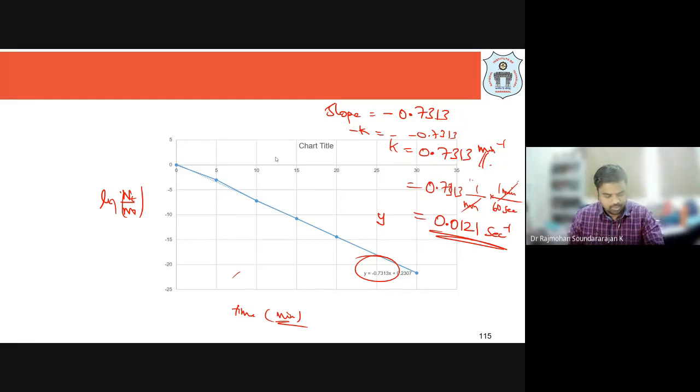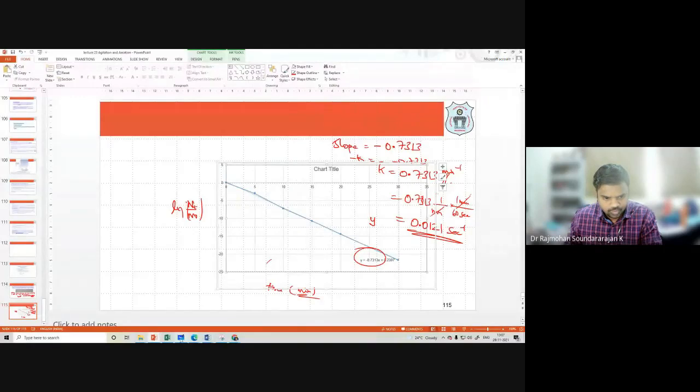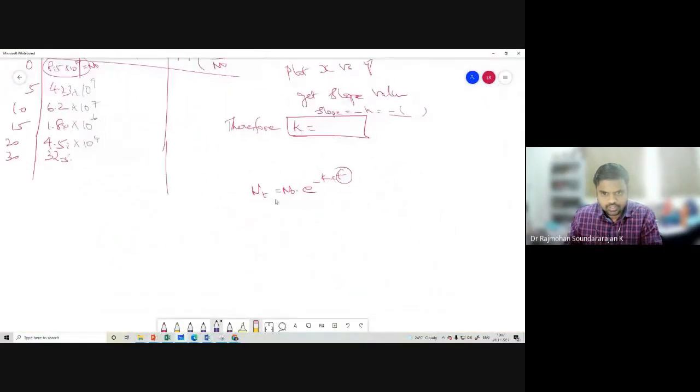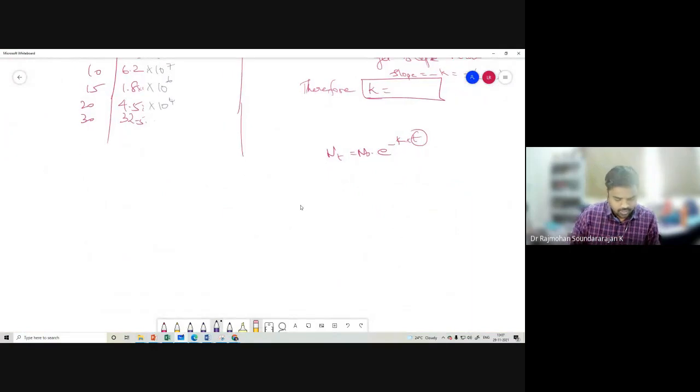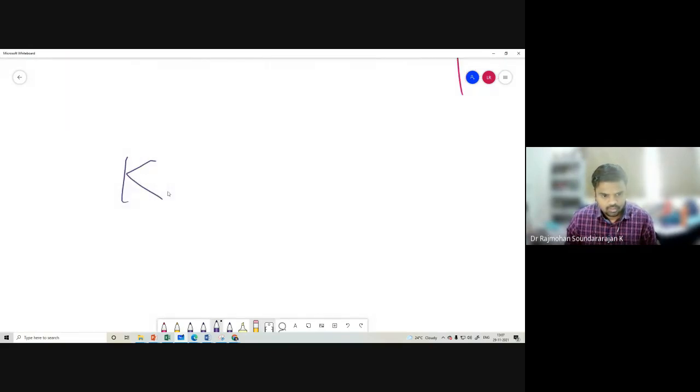Okay, what about the second part? Second part is the inactivation factor. Okay, so second part is about what is the inactivation factor. Now we have the k value, which is equal to 0.012 second inverse, or you can say 0.72 minute inverse.